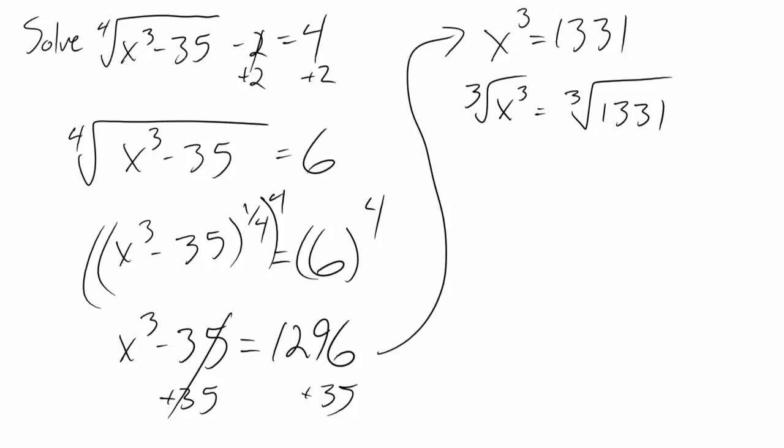So cubed and cube root will cancel themselves out to just leave us with x to equal, and the cube root of 1331 happens to come out to be 11. And so that is our final answer. You can always check that by plugging it back into the original equation, but it'll work.